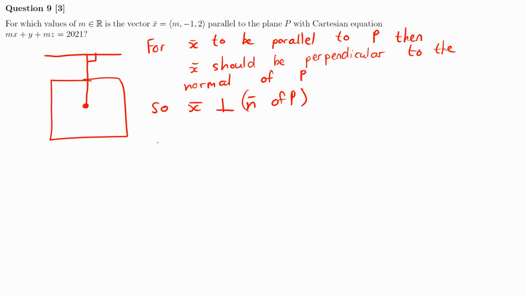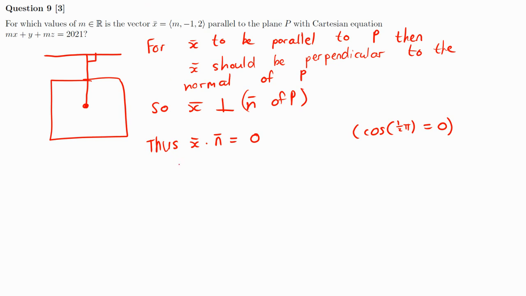So for this to be possible, thus x times this normal should be equal to 0. The reason for this is cos of 90 degrees is equal to 0. So that's something perpendicular.